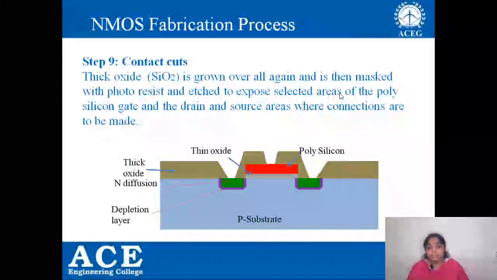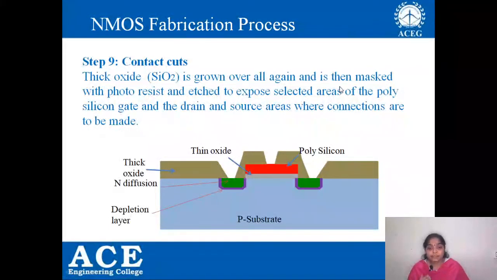Now coming to the next step, which is contact cuts. This is nothing but cutting the silicon dioxide layer where you require contacts for source, gate and drain. You require to connect the source, drain or gate to external devices, right? So in order to connect to external devices, you require metal contacts.